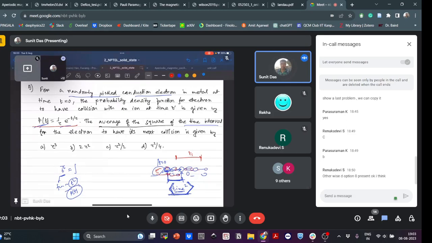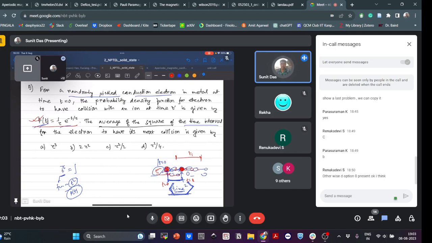Okay, so now let's say at t equal to 0 the first collision happened here. Now the next collision, at some time equal to t, will happen with this atom. That probability is given by this p of t function, the probability for the collision happening.